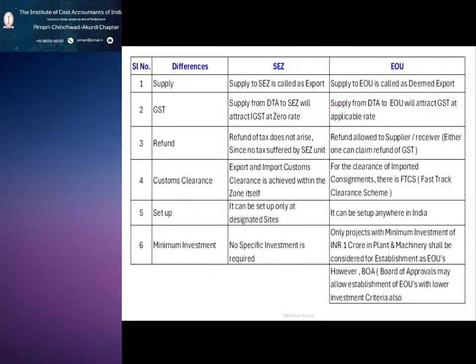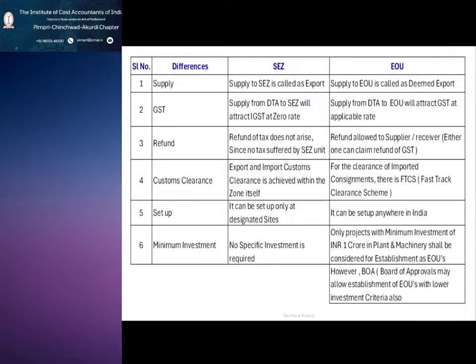We will be studying this repetitively. What is an export oriented unit, what should be the eligibility criteria, where should the EOU be established, in the designated sites or anywhere, and what about the refund?